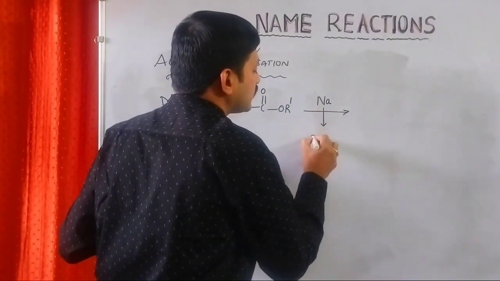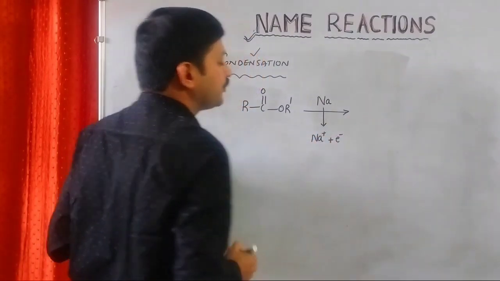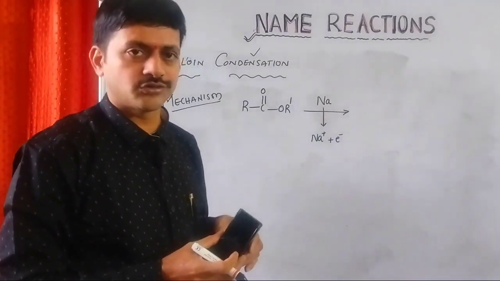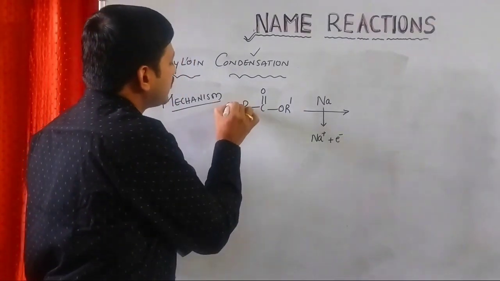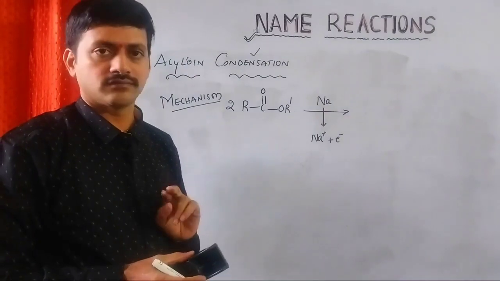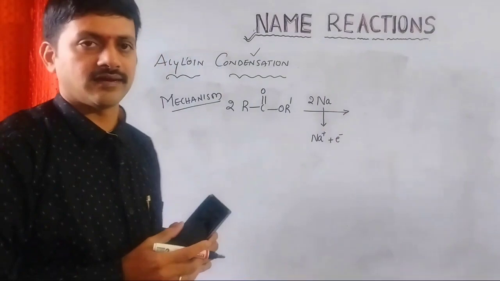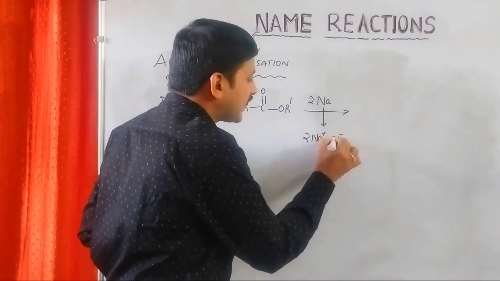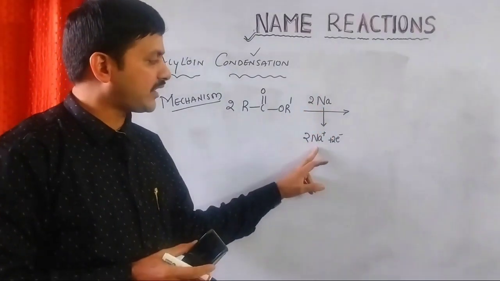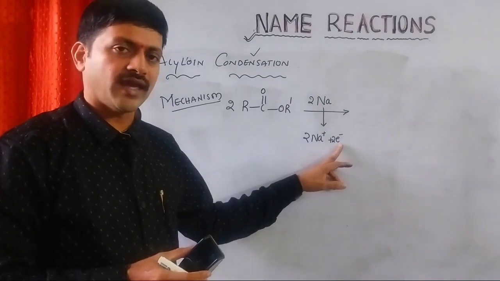Already we know that sodium can readily lose 1 electron to produce Na plus ion, the stable form of sodium. According to the general equation, we need to take 2 moles of ester. That's why 2 moles of sodium is needed. So 2 Na plus and 2 electrons. Initially sodium loses its 1 electron to produce Na plus ion with the formation of an electron.